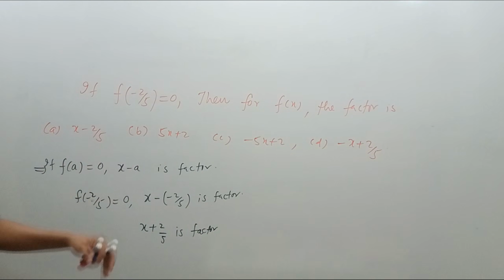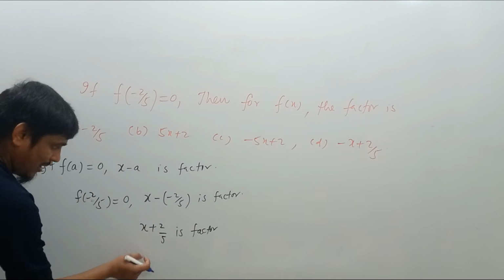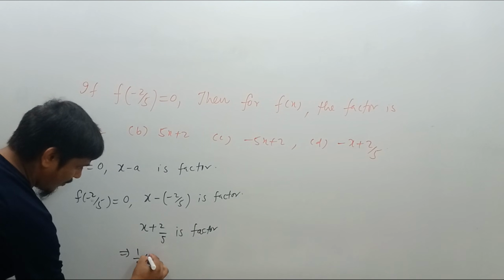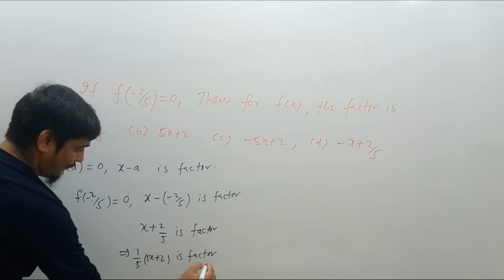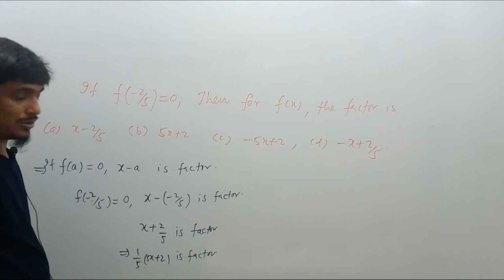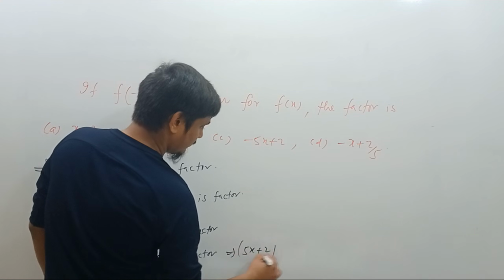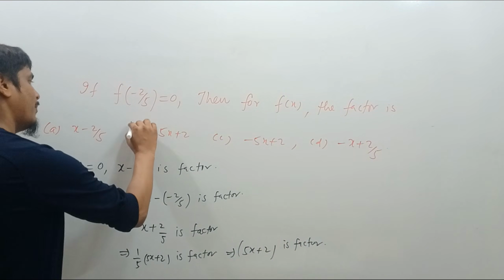But this is not in the options, right? If x plus 2 by 5 is a factor, then by taking 1 by 5 common from this, we get 1 by 5 times (5x plus 2) is also a factor. If 1 by 5 times (5x plus 2) is a factor, we can say that 5x plus 2 is also a factor. So option number B is correct.